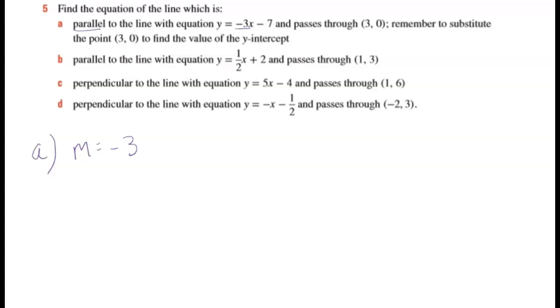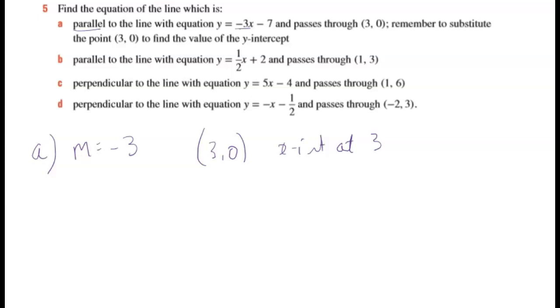Now it passes through (3, 0), so that point is also your x-intercept. Yes, the x-intercept is at 3. Now that's not really important here, but if it was (0, 3), then we've got straight away our y-intercept, but here we've got our x-intercept.